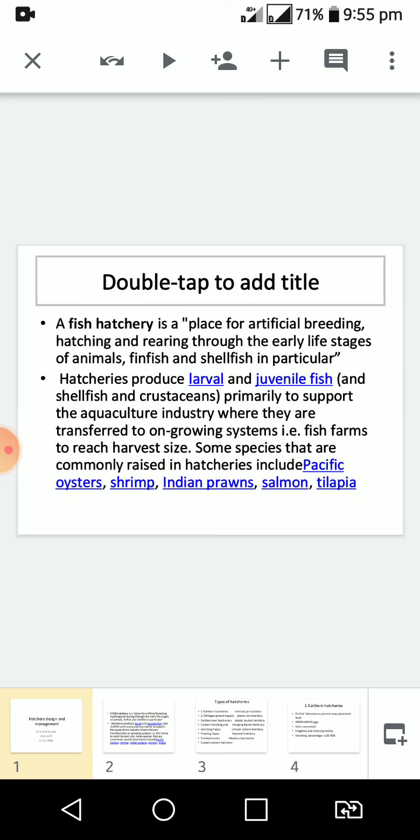A fish hatchery mainly provides artificial breeding, hatching and rearing through hatchery instruments. Hatcheries produce larval and juvenile fish.